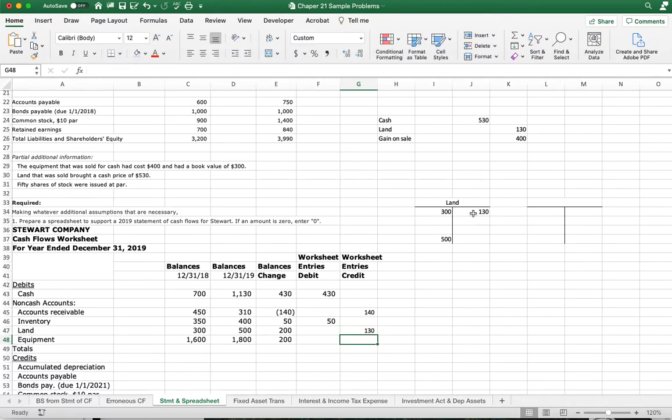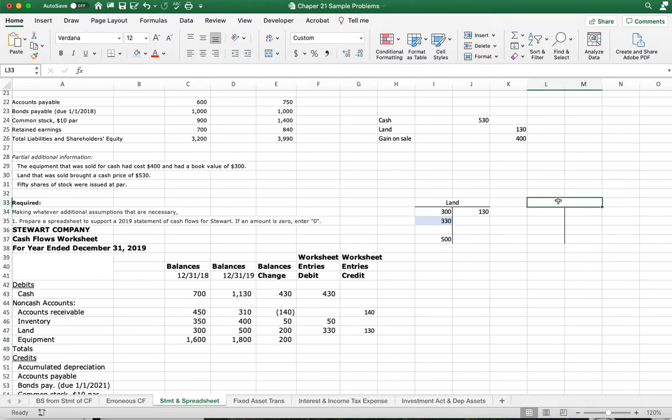Now, what's the other part of this? What's the debit that got us to $500? We can solve backwards and see that we must have purchased land for $330. And we notice that this debit and credit entry balances to the $200 change.